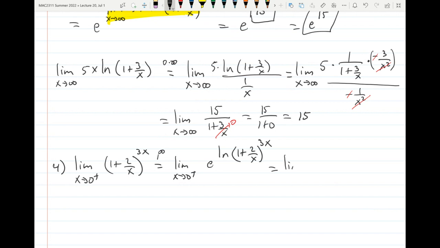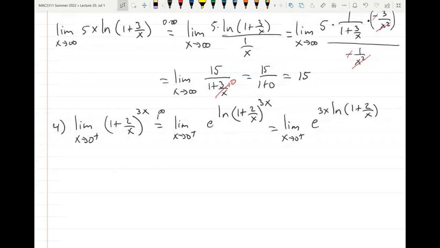So bring the 3x down in front of the ln, but remember, you keep it up there in the exponent, and then we pass the limit through. So this is e to the power of whatever this limit is.